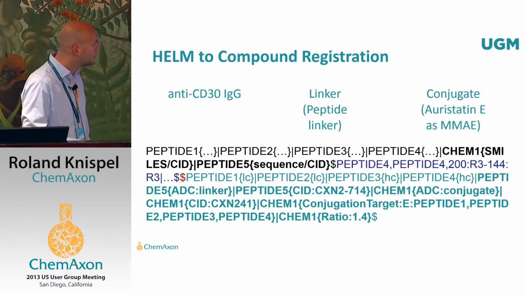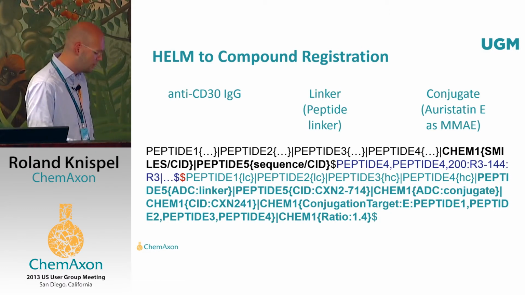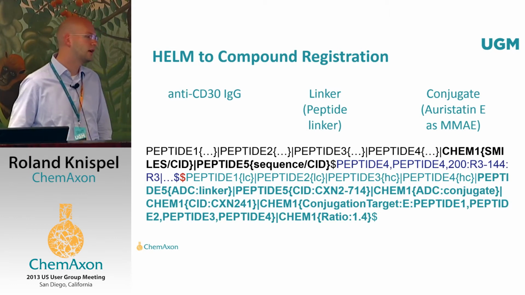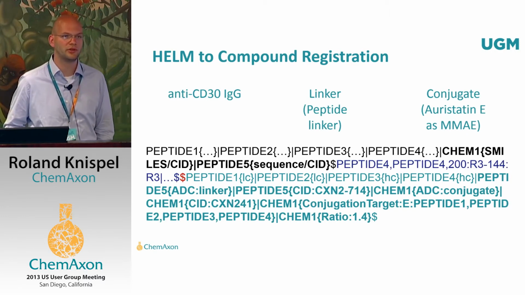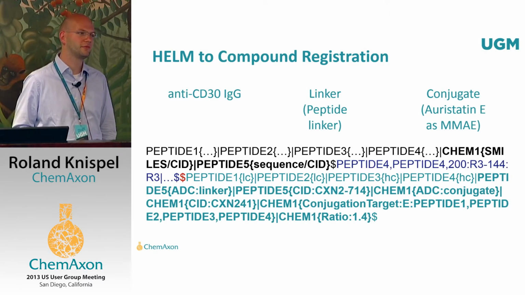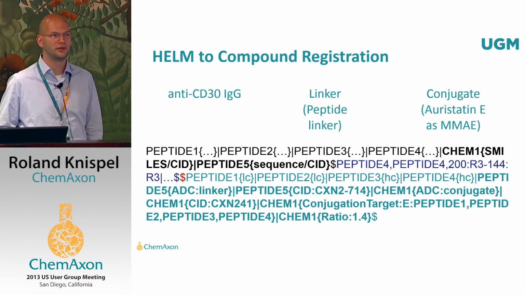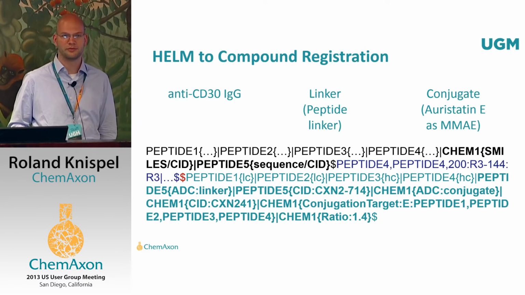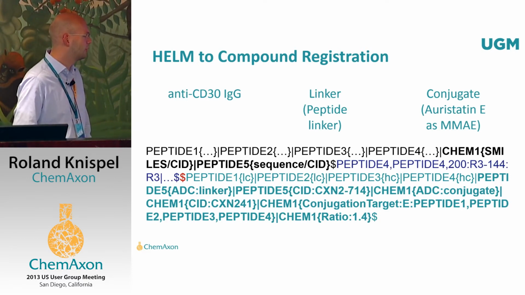And the conjugate itself comes either by SMILES, or also via a compound identification number. And then you have some further information down here about in which ratio it is bound to the antibody, and what the ID of it is. You could enrich this notation with what, in the compound registration, we call chemically significant text. So there are additional descriptors in order to fully describe the molecule you're looking at.